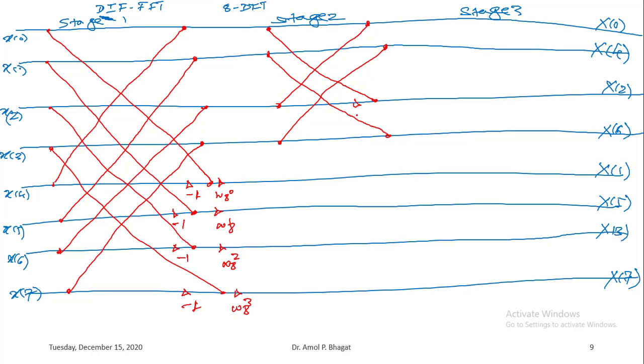And on the dropping lines, you are multiplying -1 and the Twiddle factor, so it will be W80 and W82. Okay, so the same Twiddle factors which we used in the FFT algorithm.